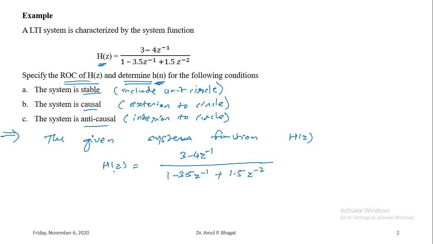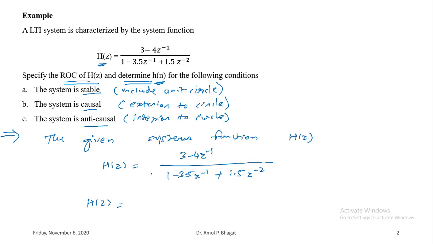So here, for performing partial fraction expansion, initially you need to avoid the negative powers of z, so you can rearrange these terms. So H of z is equal to, you can take z to the power minus 2 common from the denominator. If you are taking z to the power minus 2 common from the denominator, in the bracket you will get z square minus 3.5 z plus 1.5.